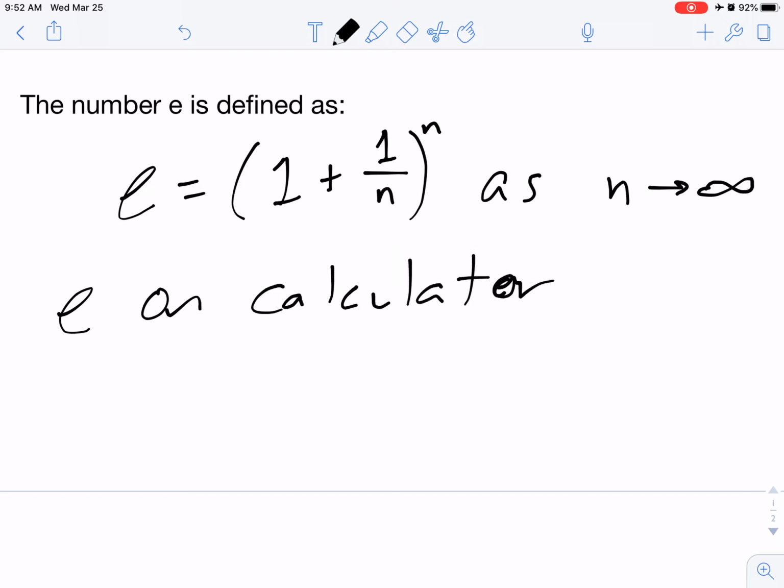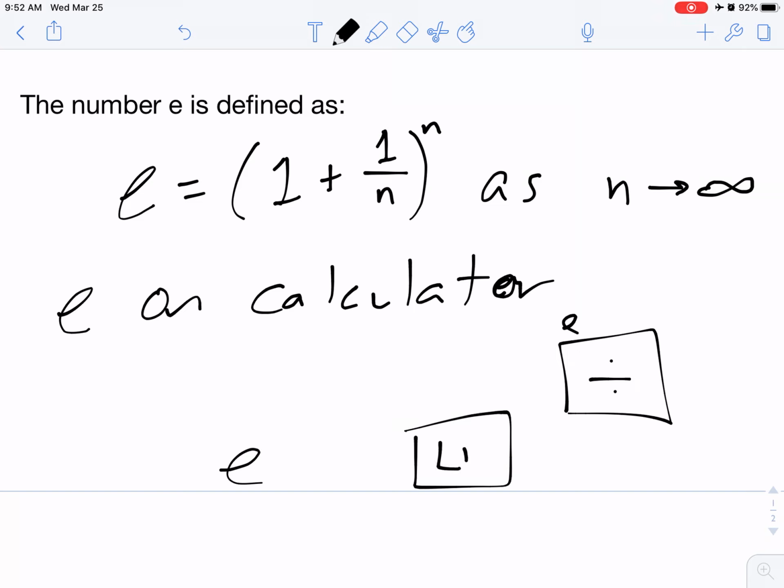The calculator has e in 2 places, so you're looking for a lowercase e. First of all, it's on the divide button, but you have to push second and then the divide button, and you'll get an e to show up. Or it's also on the ln button, but this one has e to the x on it.